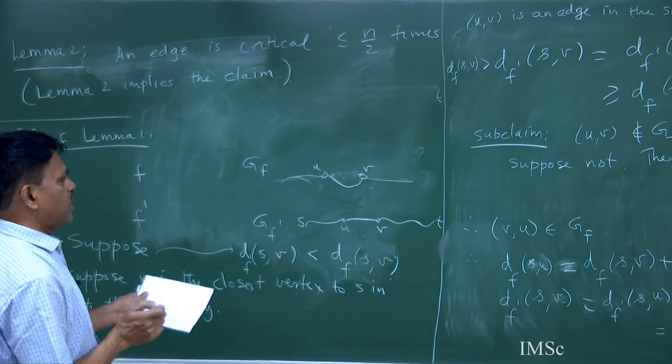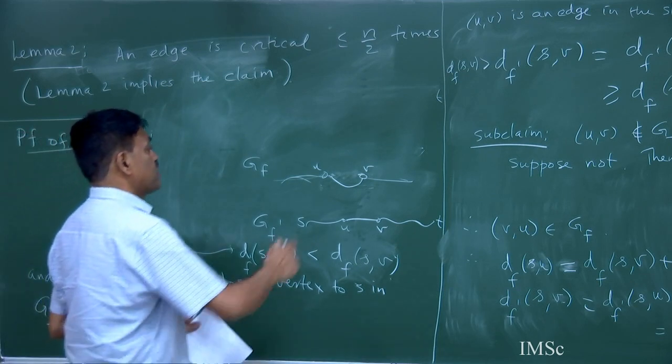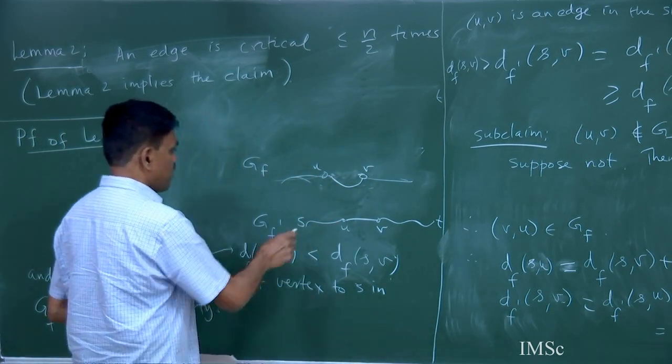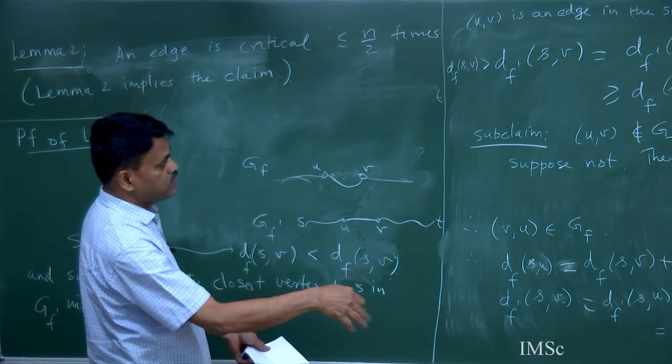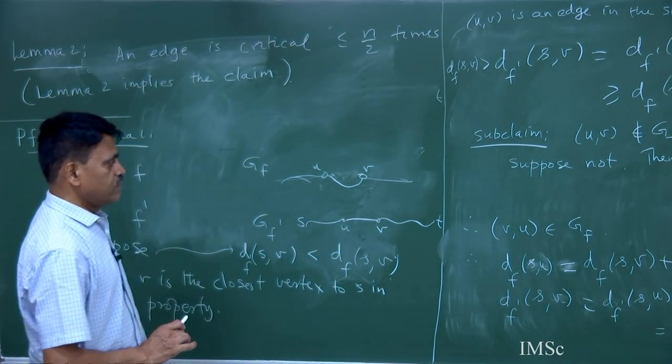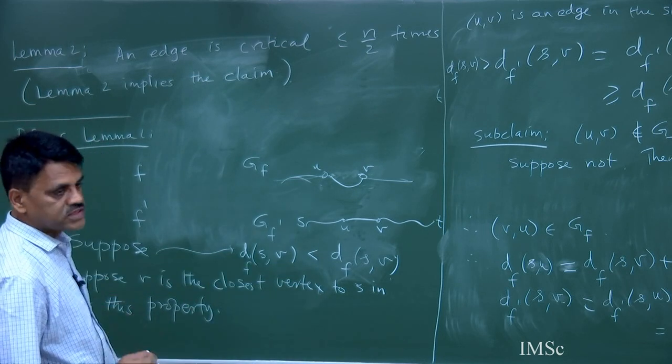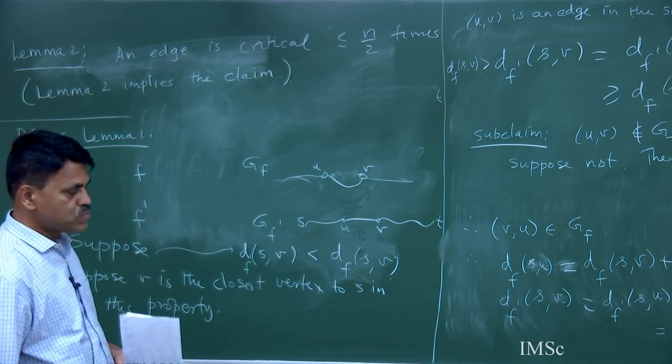it turns out that if VU was part of the augmenting path, then the distance from S to V would have actually increased by at least 2, though we assumed that it has decreased. Okay, that's a contradiction.